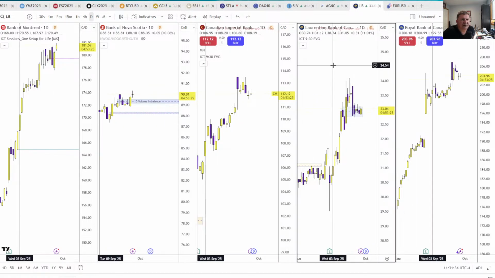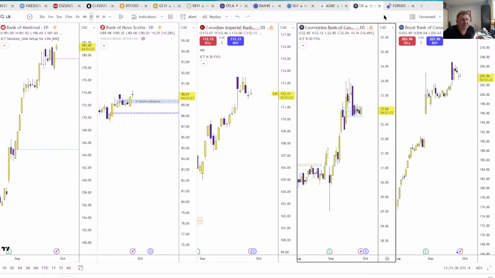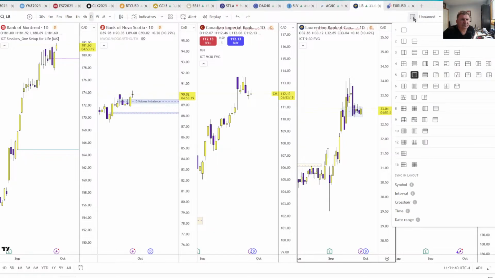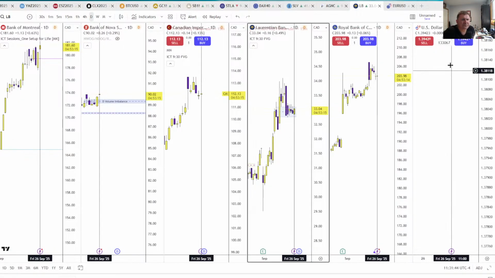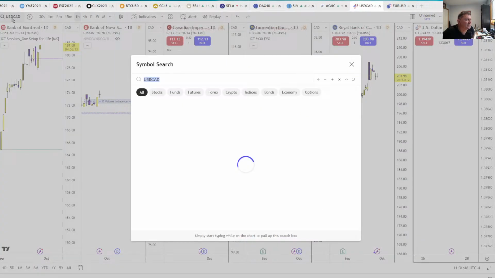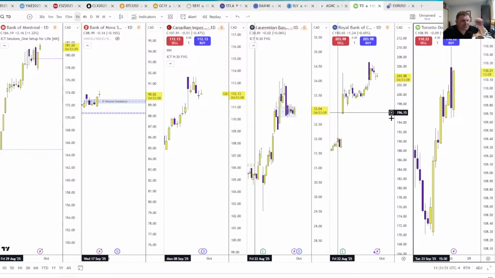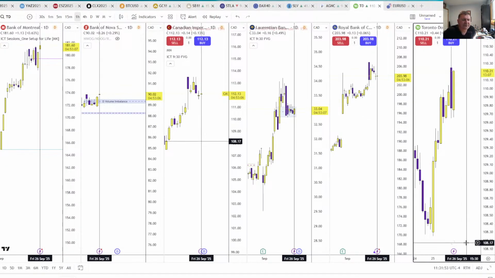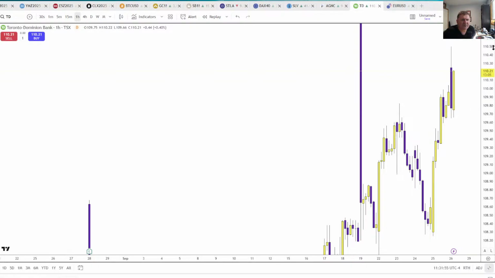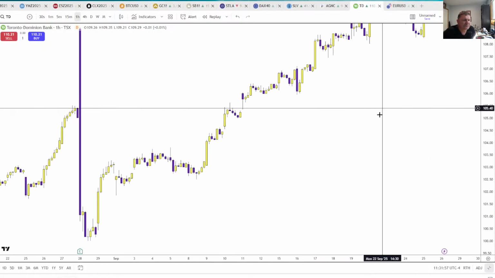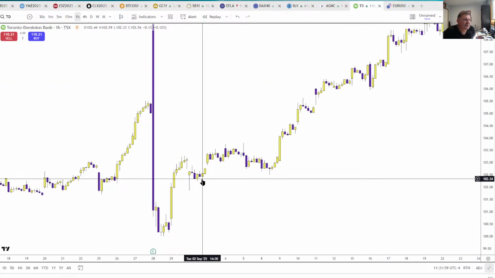Let me see if TD's in here. Let's put Toronto Dominion in here. Let's have a look at TD as an overall trade. So look at that.